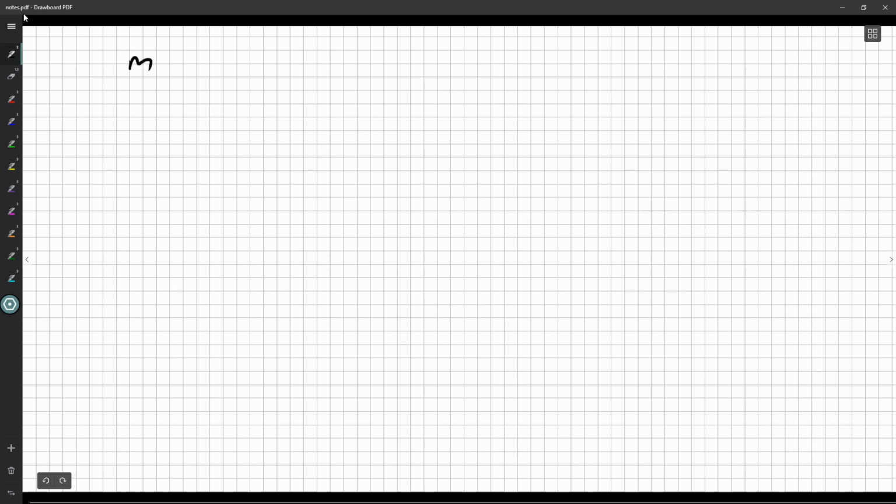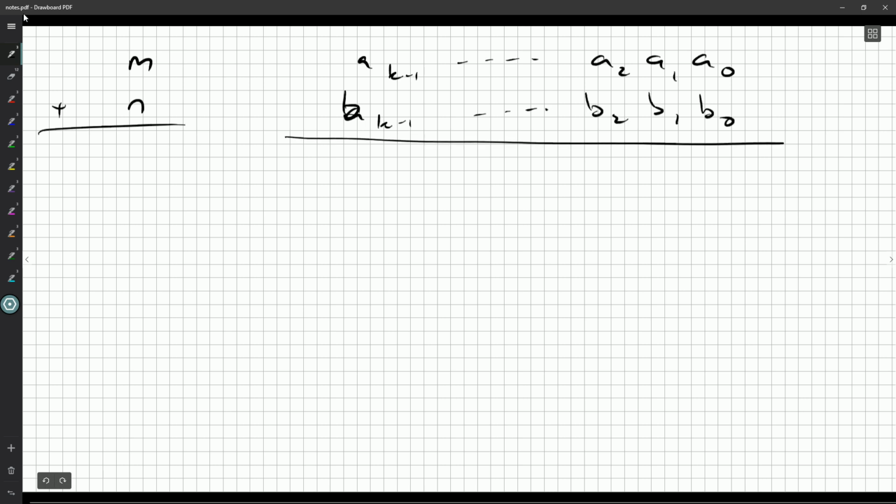So I guess we could write like this. So those two have to add to 10, and then we carry a 1, and we get another 10. So A1 plus B1 is 9, and that'll carry a 1.